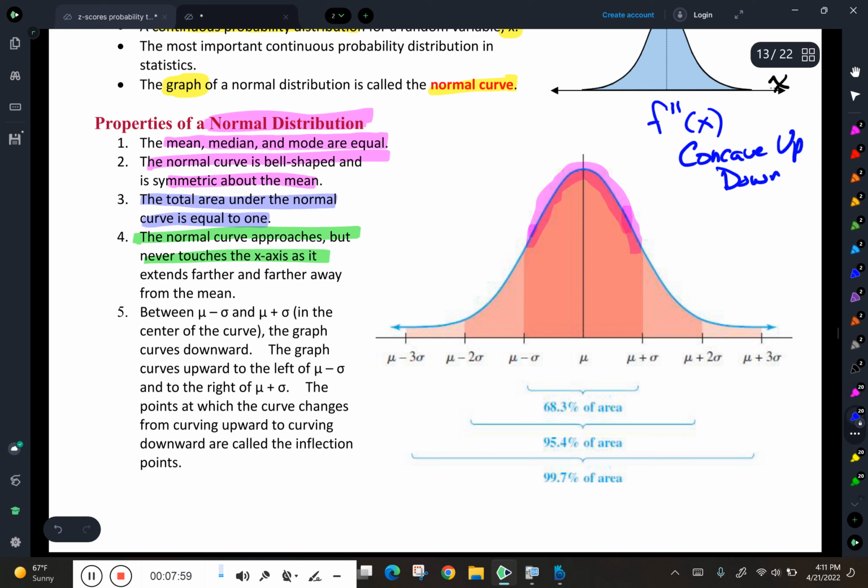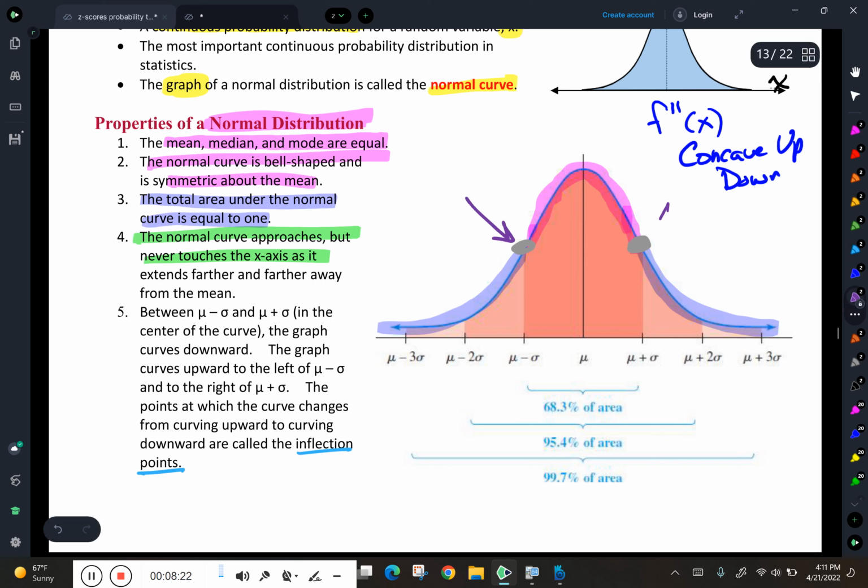And then out here on the ends, it's going to be concave upwards. Right? And that spot where it changes from concave down to concave up, or concave up to concave down, remember those had fancy names, those were called inflection points. Right?